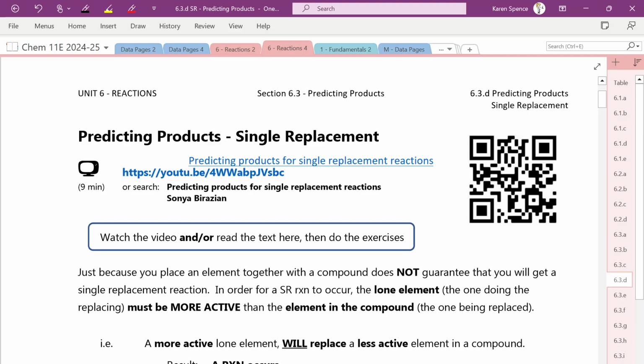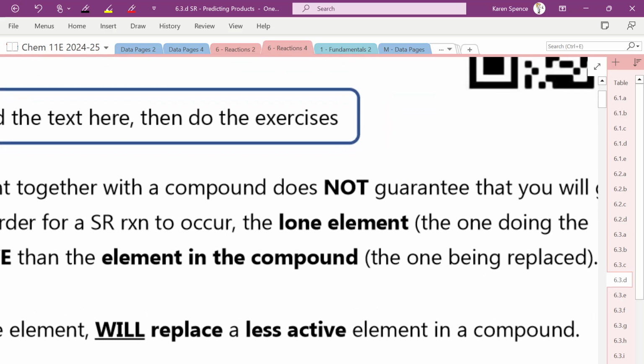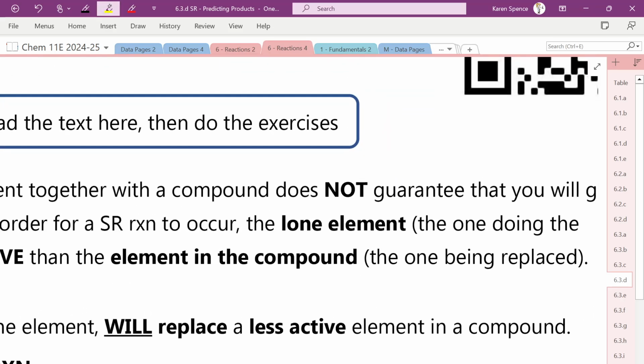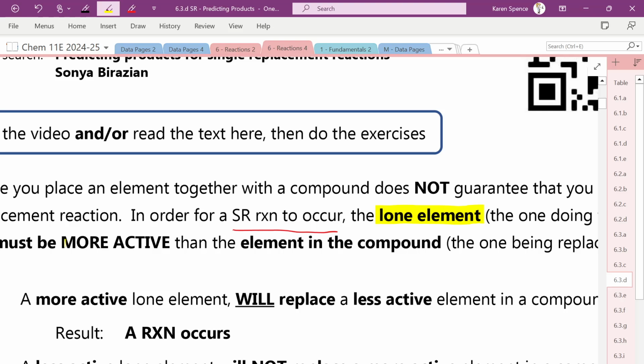So what we have to do is we have to decide, in order for a single replacement reaction to occur, the lone element, that's the one doing the replacing, it has to be more active. Okay, so our lone element has to be more active than the element it is replacing in the compound.